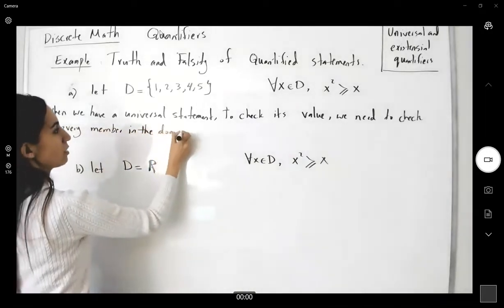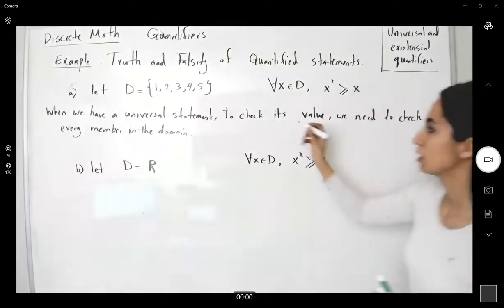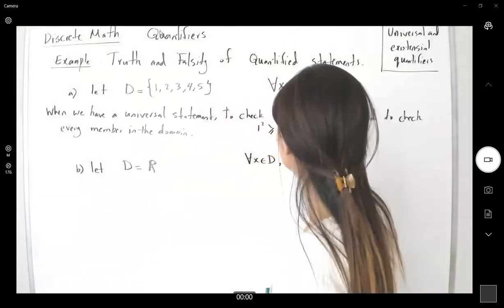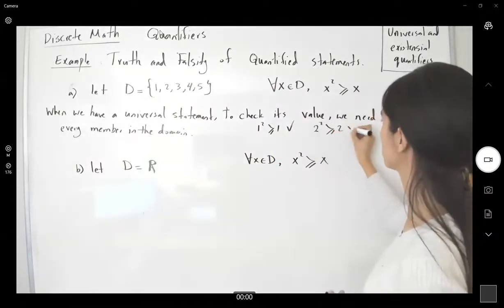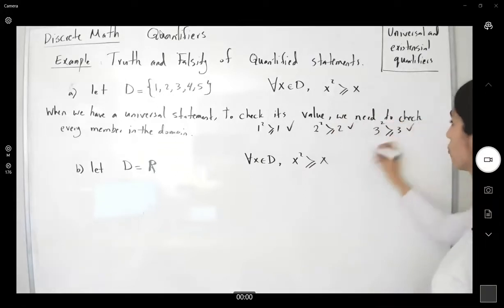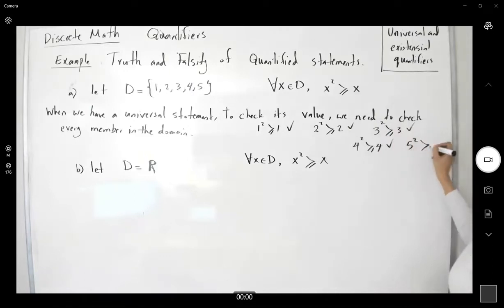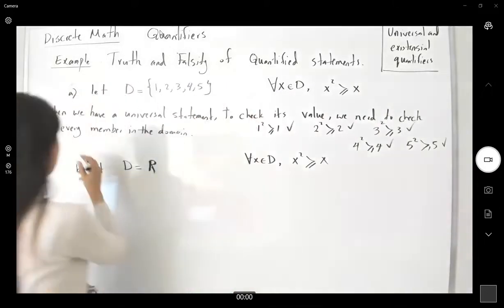So what's the meaning of that? We have to check for 1. 1 squared is greater than or equal to 1, of course. 2 squared is greater than 2, correct. 3 squared is greater than 3, of course. 4 squared is greater than 4, yep. 5 squared is greater than 5, of course. So definitely this universal statement with this domain is true.